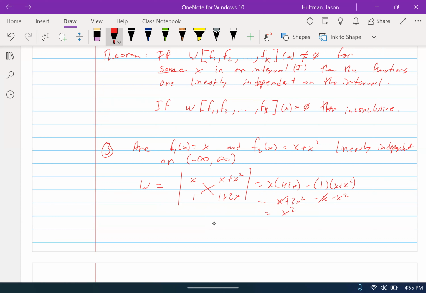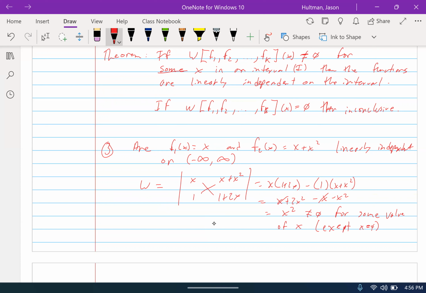And that is not equal to 0 for some value of x. It's actually not equal to 0 for a lot of values of x. I could plug in 1, I could plug in 1/2. The only thing that doesn't work is 0, but it didn't say for all values of x.